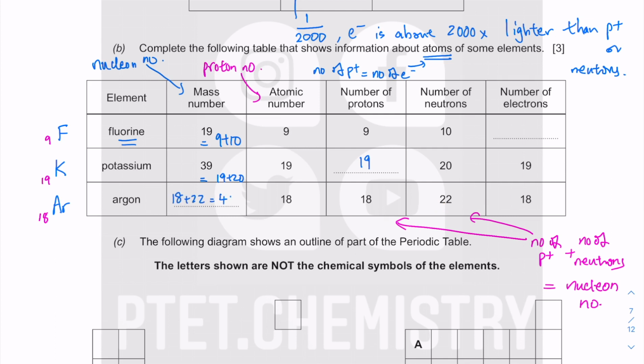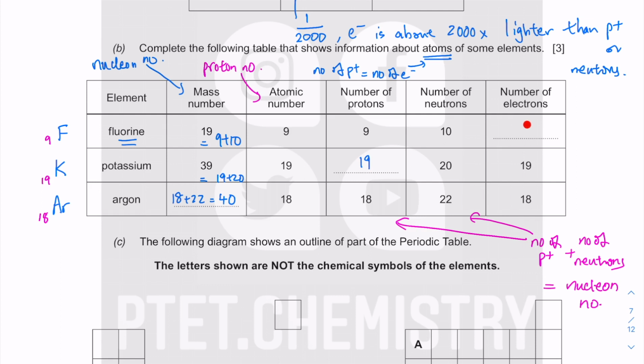So you have to use the table and not necessarily your predicted table, because these are the data that are provided for you. Number of protons plus the number of neutrons gives you the nucleon number. Usually to find the number of neutrons, you would do nucleon number minus the number of protons. This is just primary school mathematics.